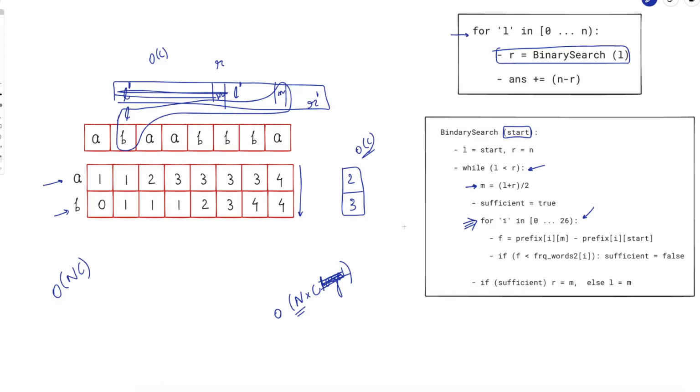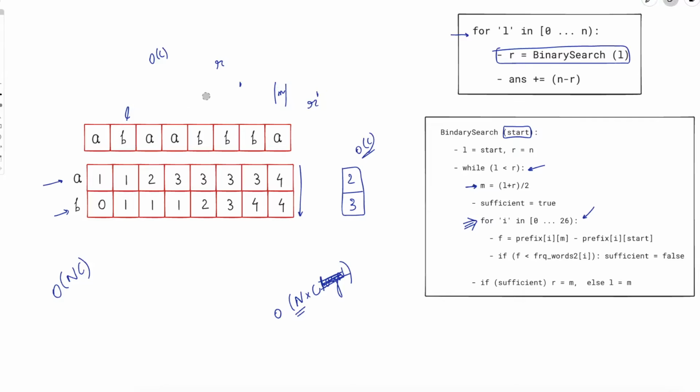Is it possible? In this scenario, yes, it is possible. Why? Because of the property of the function. The function that we are after is whether L to R is valid or not, right?